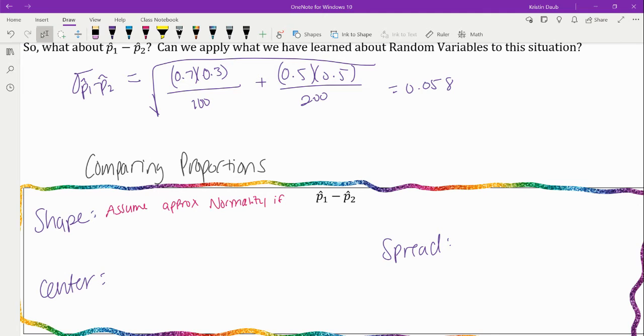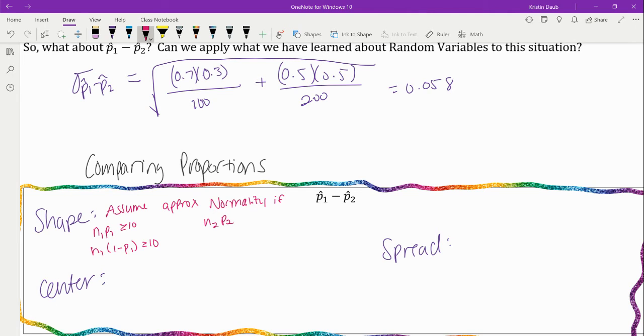Well, we need the large counts condition to hold true for both of our two populations. So we need to take N1 times P1, as opposed to N times P. Now I need to specify N1 times P1. That needs to be greater than or equal to 10. I also need to have N1 times 1 minus P1 greater than or equal to 10. That would be for the first P hat. So now we need to do the same thing for the second P hat.